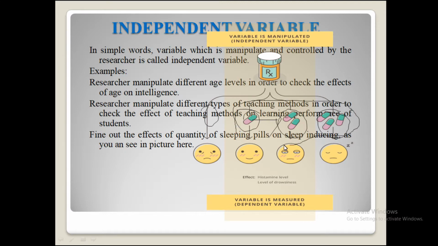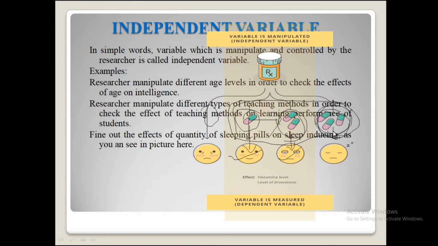Why these 3 levels? Because the researcher wants to check the effect of the quantity of sleeping pills on the quality of sleep. Here the person is in a waking situation. When he changed from 1 to 2 pills, the person is feeling dizzy, near about to sleep. And for the third, he increased 1 pill more, because the independent variable was in the control of the researcher.